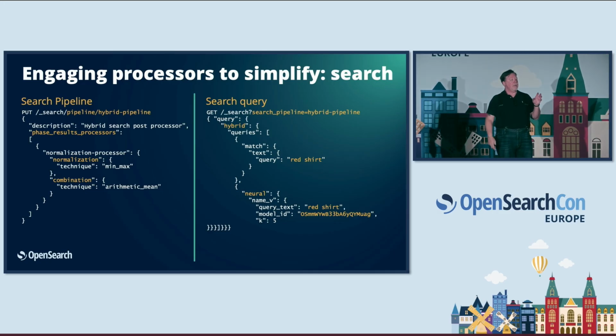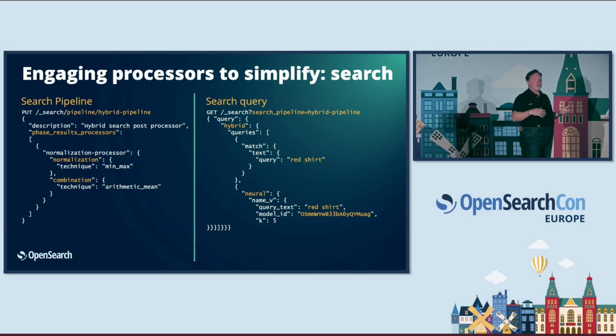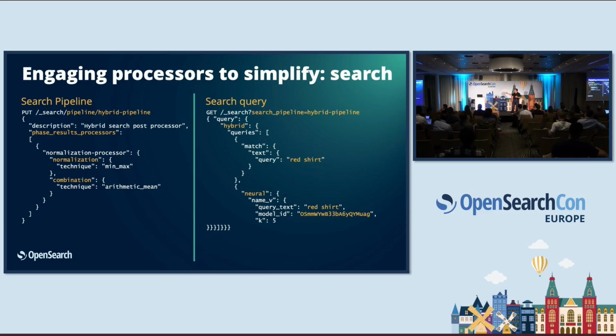Hybrid actually, as a query type, takes up to 5 clauses, and they don't all have to be vector, none of them could be vector. So hybrid is actually a way that you can blend multiple different queries, whether they're vector or lexical, using the normalization, whether it's RRF, reciprocal rank fusion, or this min-maxing, this kind of combination.